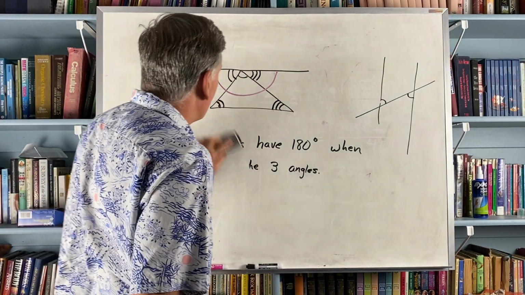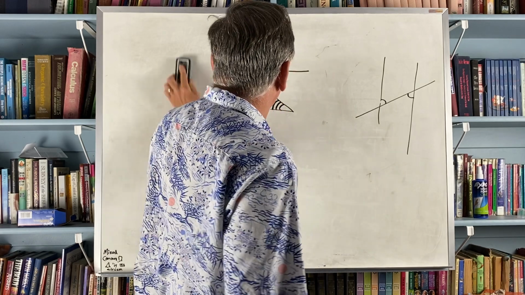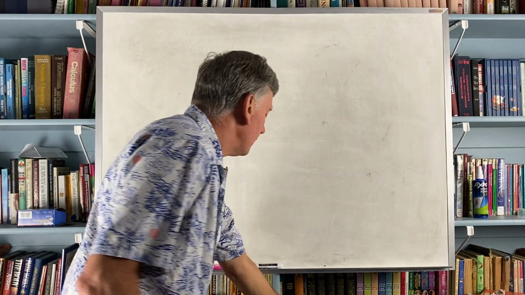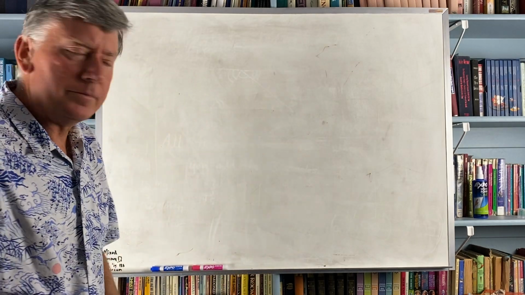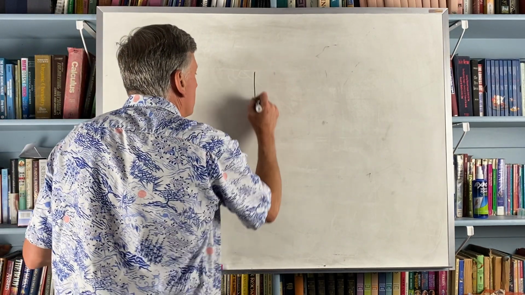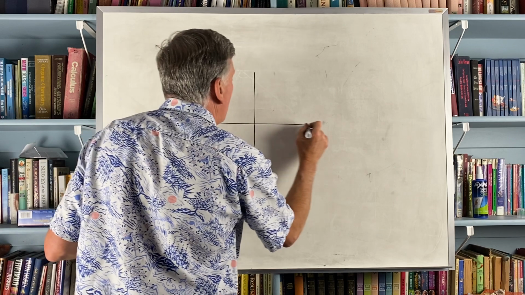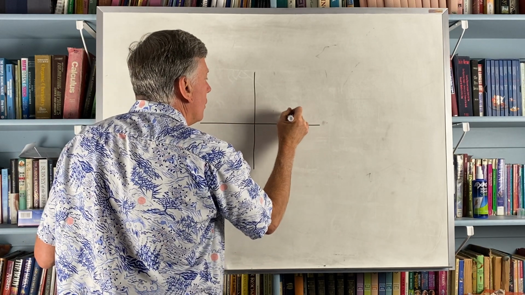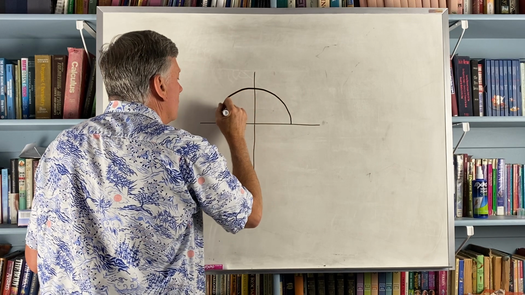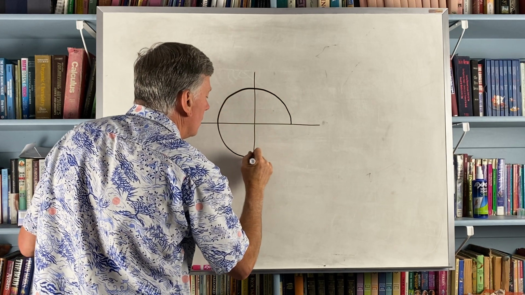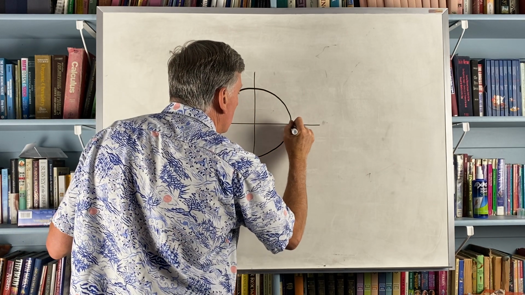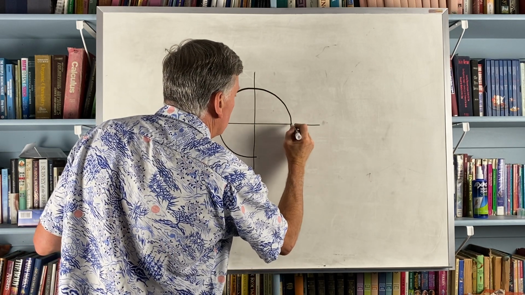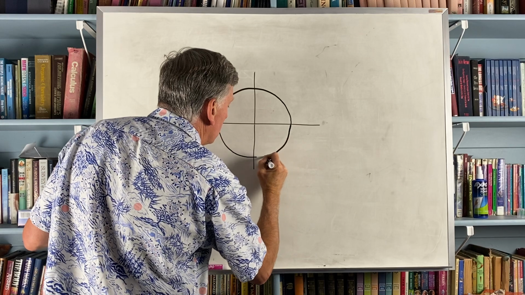Last thing I want to talk about is the circumference of a circle. I'm going to draw this cross. I'm going to draw a circle. I always get a little short on that one.